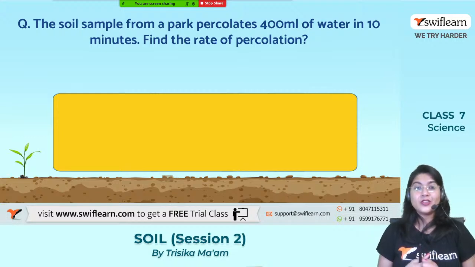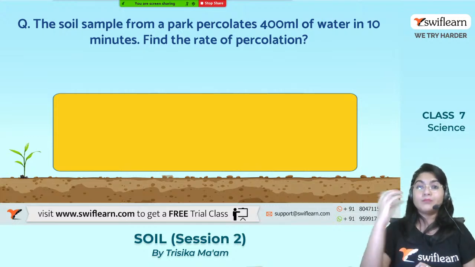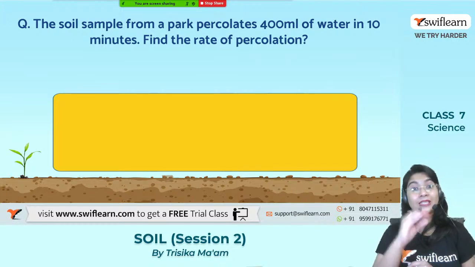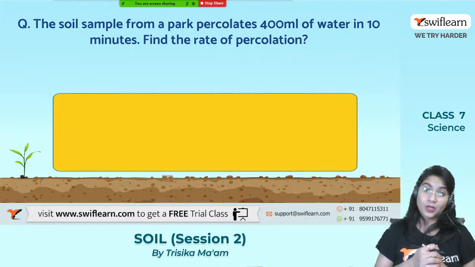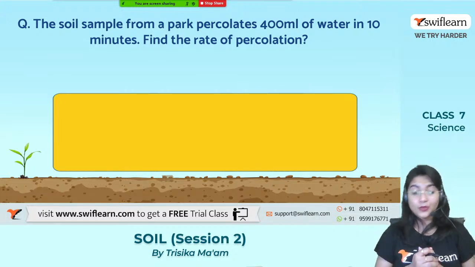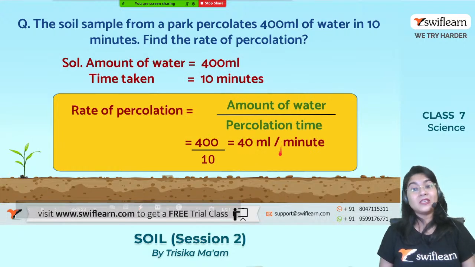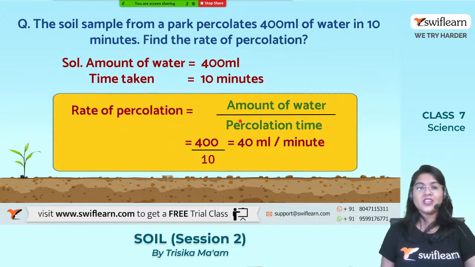Already we have said that the rate of percolation is equal to the amount of water we are pouring into it divided by the time taken for the percolation, right? So what will be the answer? The answer will be 400 milliliters divided by 10, that means 40 milliliters per minute, right? So the rate of percolation is the amount of water divided by the percolation time.